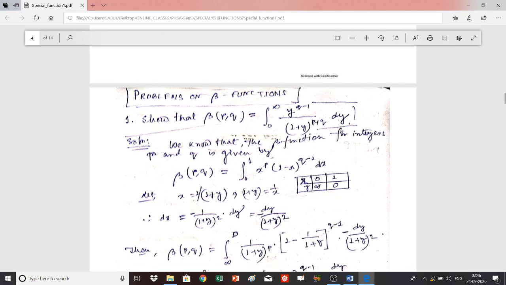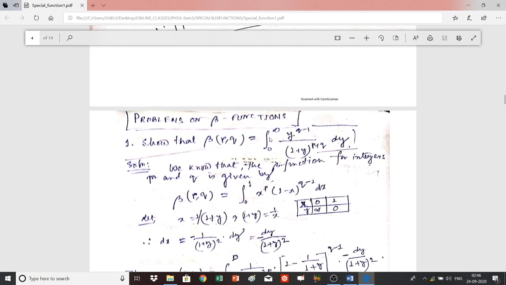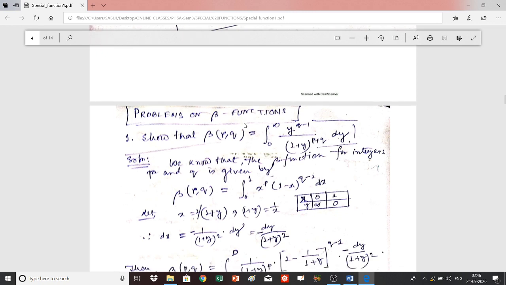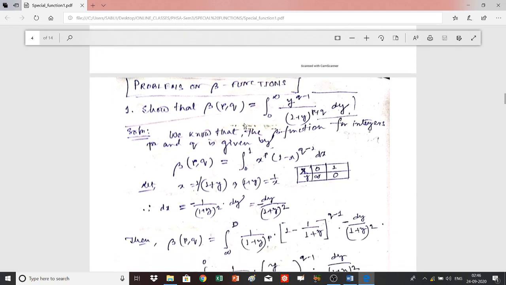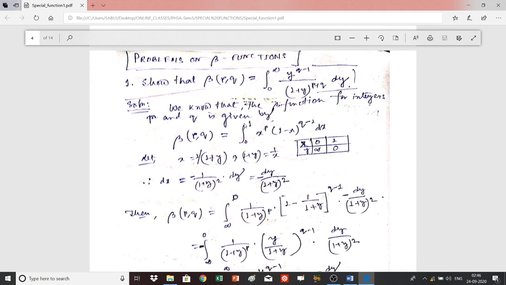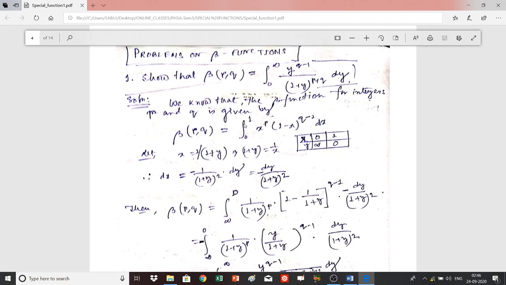This is consistent with the second form of the beta function, that is beta m,n is equal to the integral from 0 to infinity of y to the power m minus 1 by (1 plus y) to the power m plus n. These two are the same, but here once again we are going to solve this one.